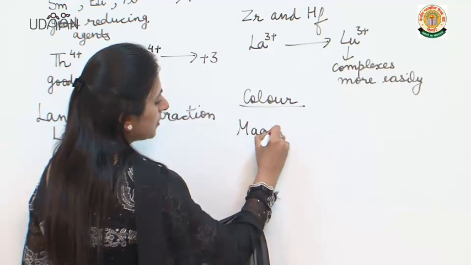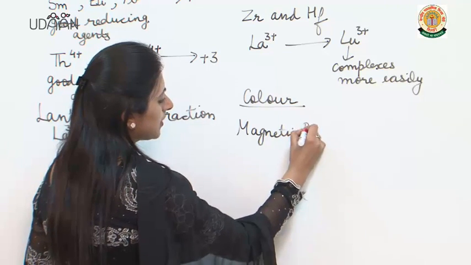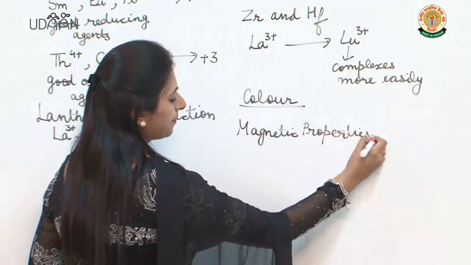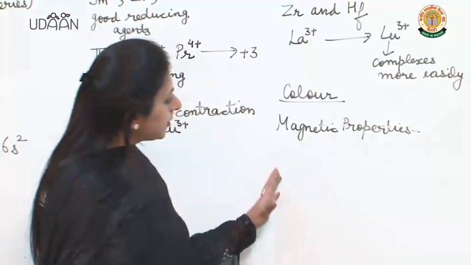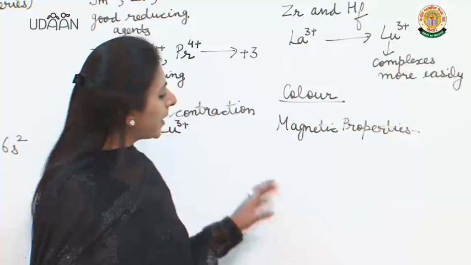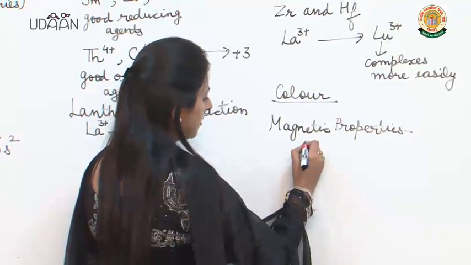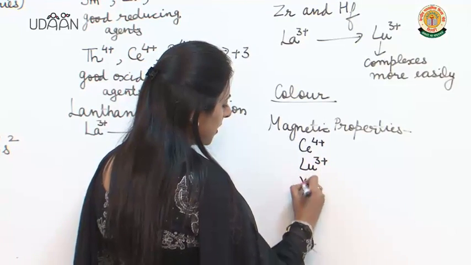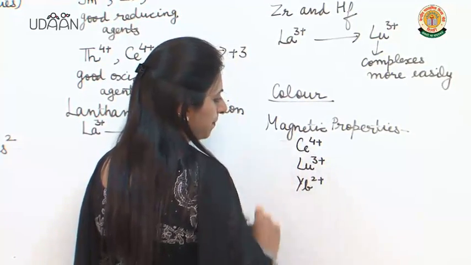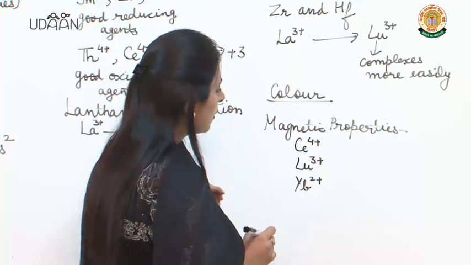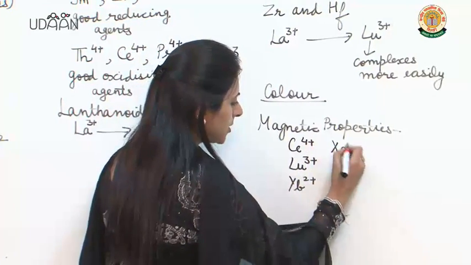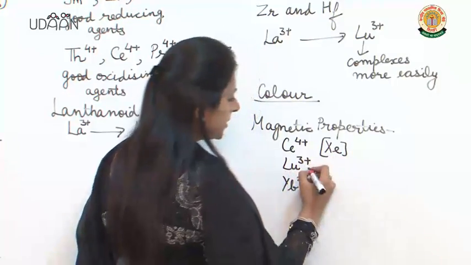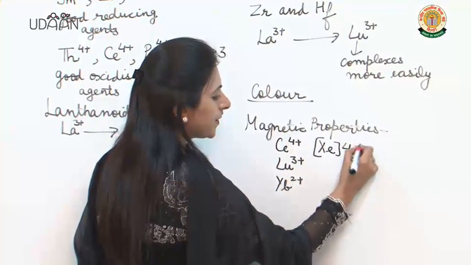Now, let us talk about the magnetic properties. All the lanthanoid ions are paramagnetic except for Ce4+, Lu3+ and Yb2+. Now, what is the reason? Because for Ce4+ the configuration is xenon, that is, it has 4f0.